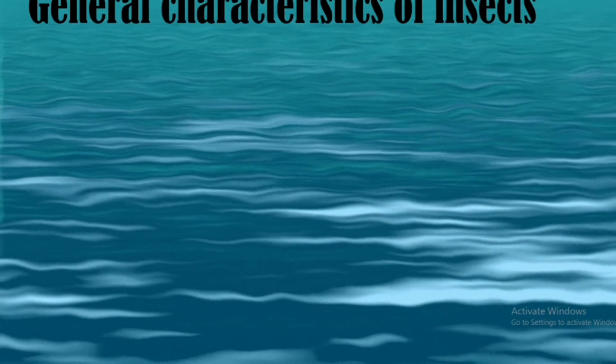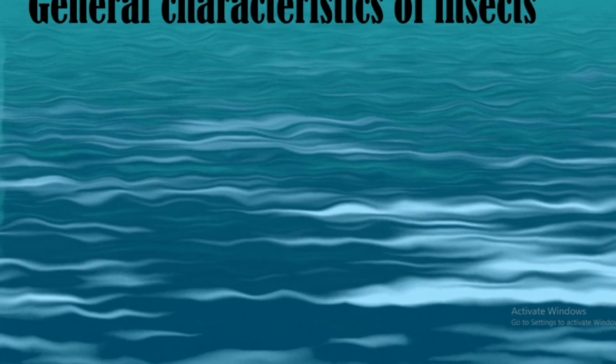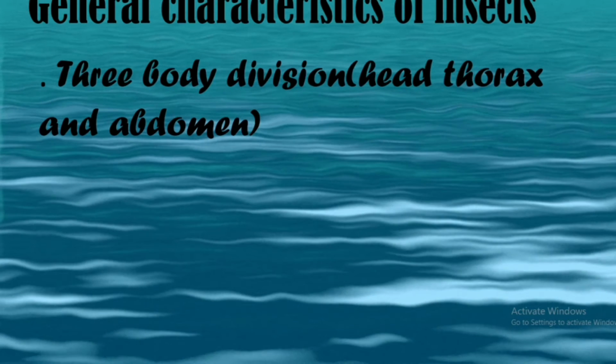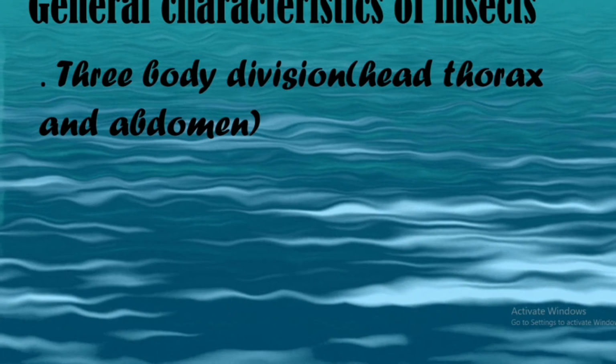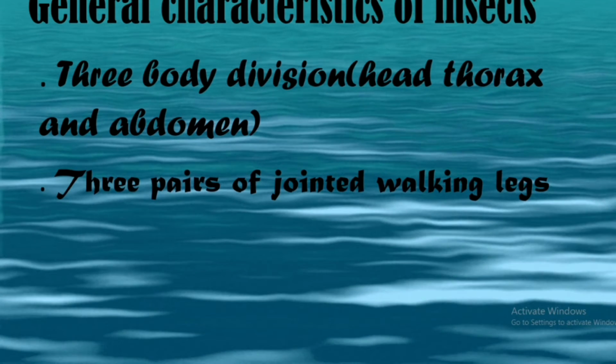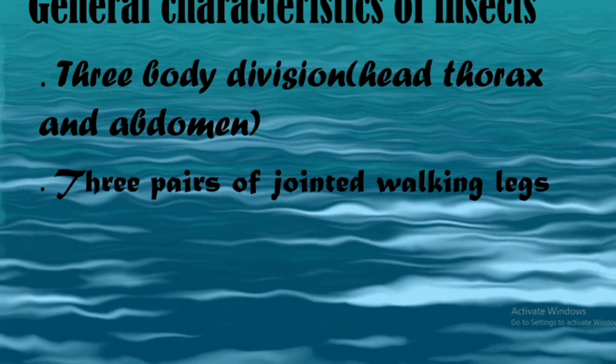A quick look at the general characteristics of all insects. All insects will possess these 4 characteristics. If an organism has these characteristics present, it should be an insect. 1. They have 3 body divisions. The 3 body divisions are head, thorax, and abdomen. They have 3 pairs of jointed legs, which is equal to 6.